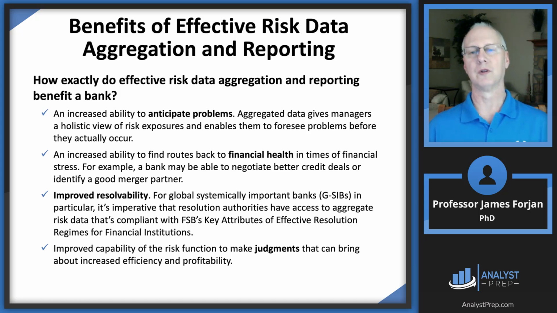And that, of course, includes improving resolvability, which goes to these GSIBs, these global systemically important banks. And remember, there are domestic important banks and there are regional important banks. But remember, I've used this term contagion in previous chapters, in which failures or stress in one bank then carries over to the rest of the financial system, or at least to similar banks.